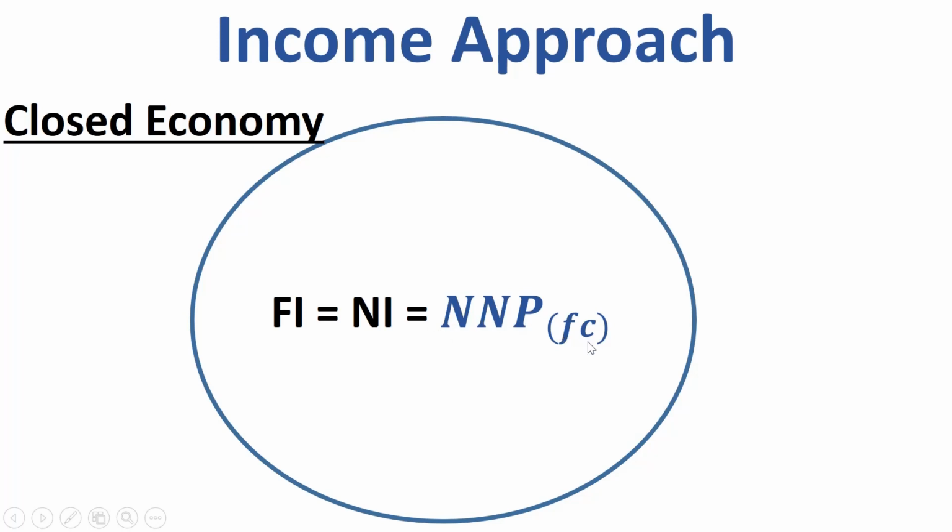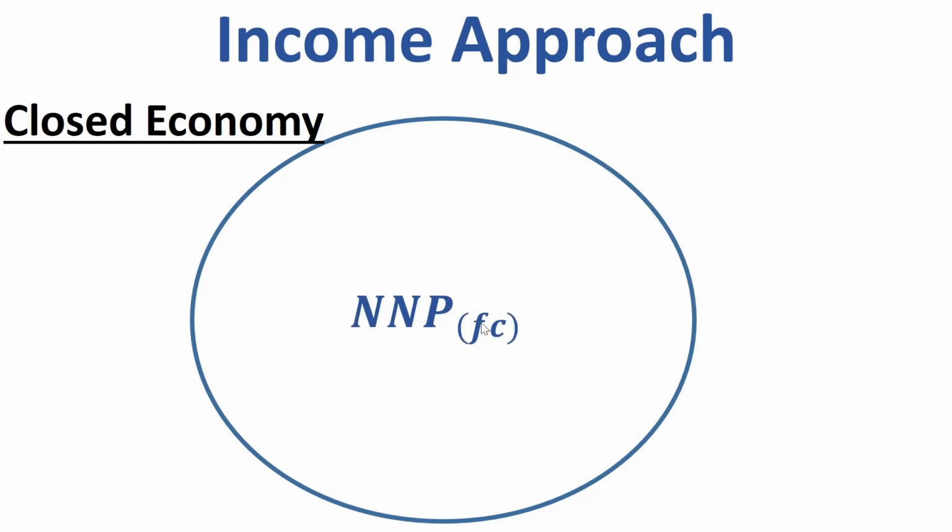When we look at the lesson on the steps to move from GDP to national income, we will see that when we arrive at net national product at factor cost, we have arrived at national income. So essentially what we are saying now is that in a closed economy like this, factor income is the same as our national income, and that is the same as our net national product at factor cost.